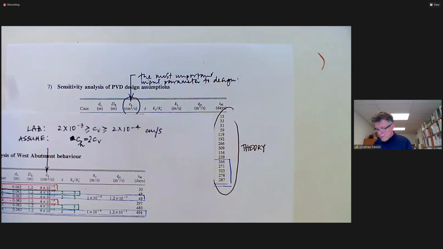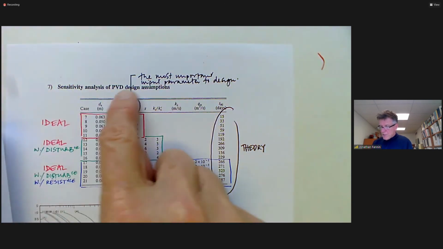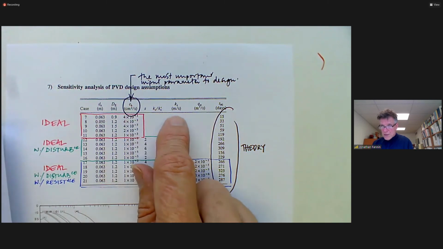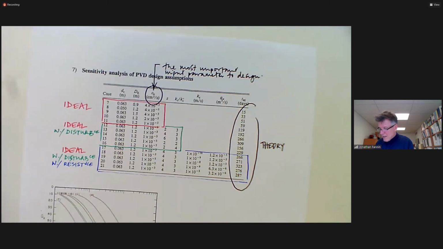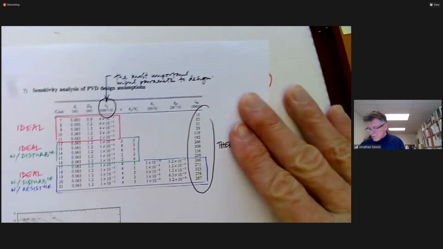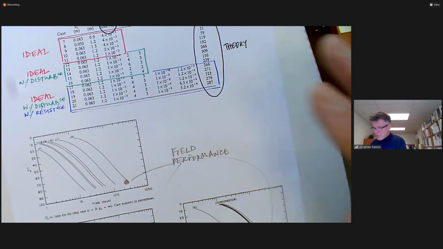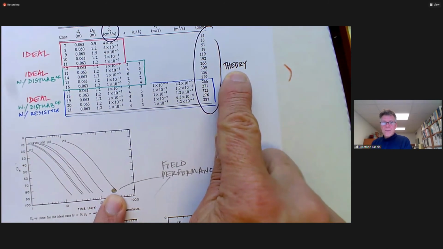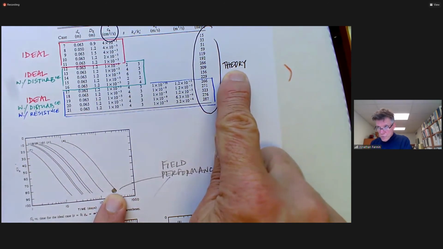But would I be able to put my hand on my heart and say you can use the decision support tool and with confidence put in all the design input parameters and absolutely nail good agreement between your theoretical calculation and the measured performance in the field? No, you wouldn't.